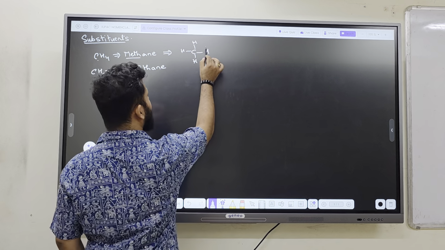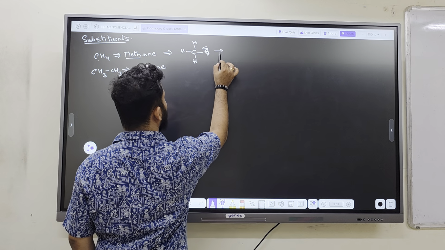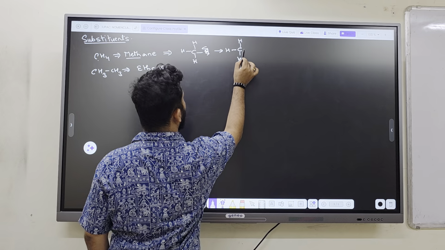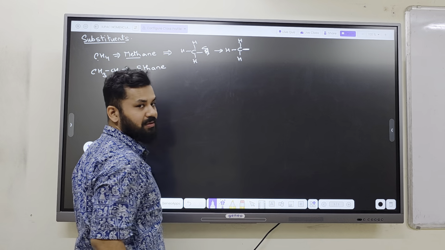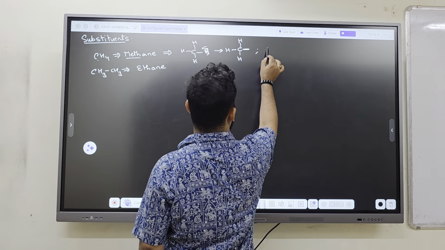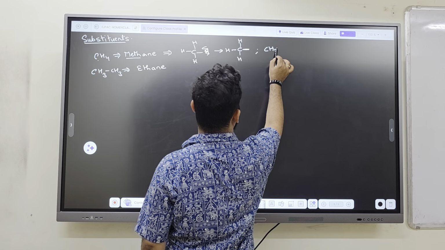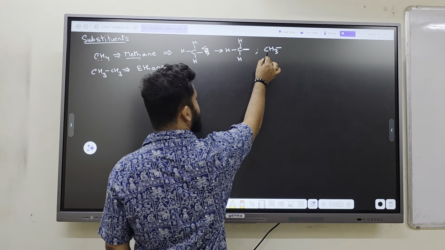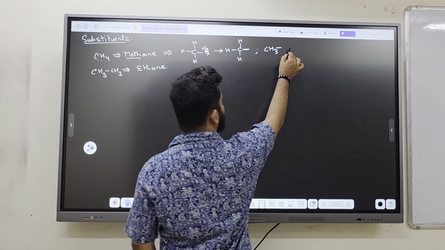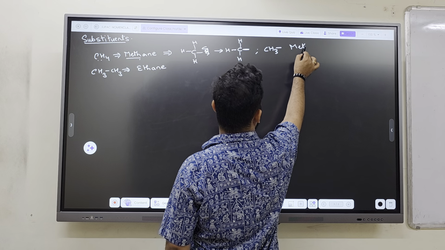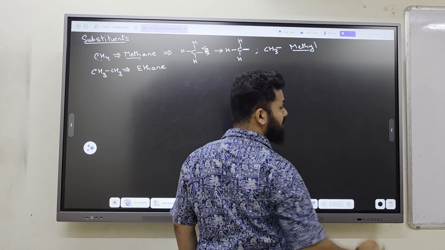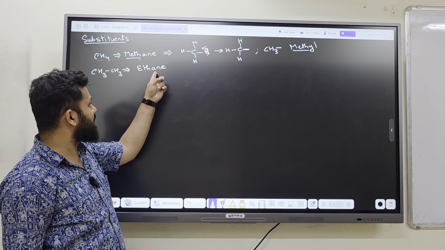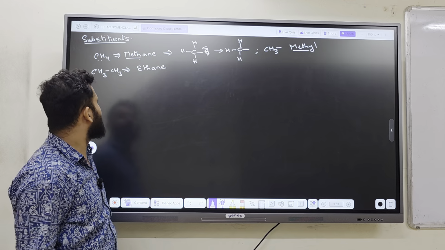If I remove this hydrogen from here, then I will be left with CH3 and one free valency. CH4 is methane, and CH3 with one valency is called methyl. Again, meth is the root word. Over here we will discuss that further.